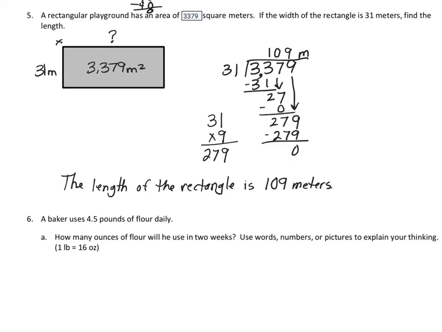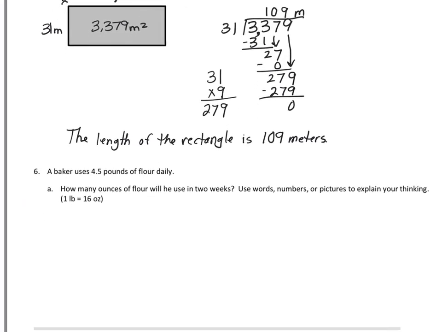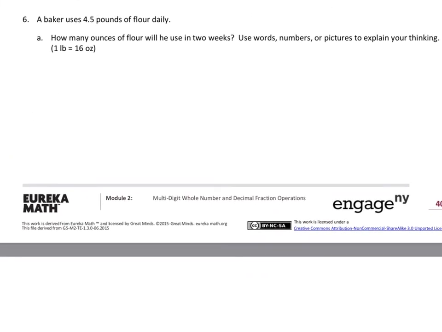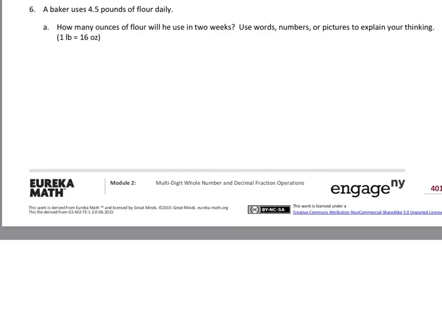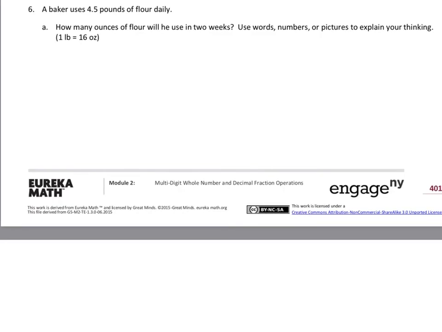Let's go ahead and go to the next problem. The next problem states a baker uses 4 5/10 pounds of flour daily. How many ounces of flour will he use in 2 weeks? Use words, numbers, or pictures to explain your thinking. 1 pound is equal to 16 ounces.